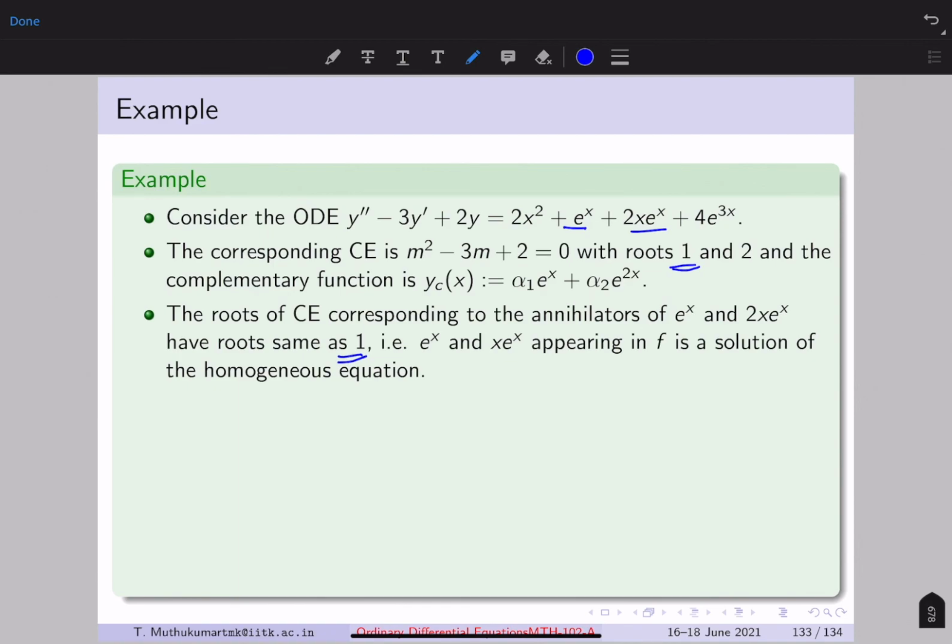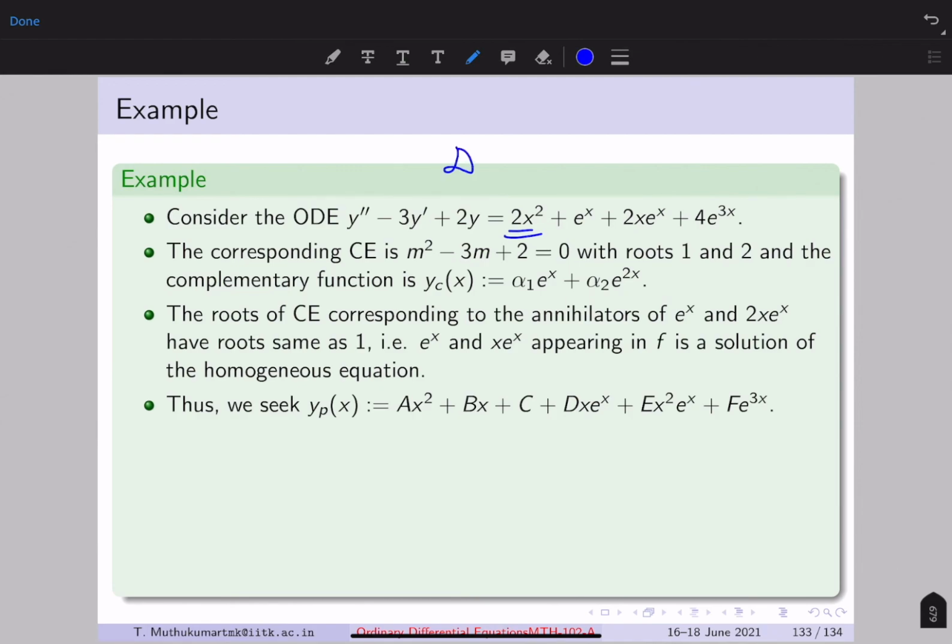So for instance, e power x is coming here, but e power x is also coming from here. There's one root there. So you need to choose a linearly independent set, right? So how do you do this? If you look at this, what is the annihilator of this?